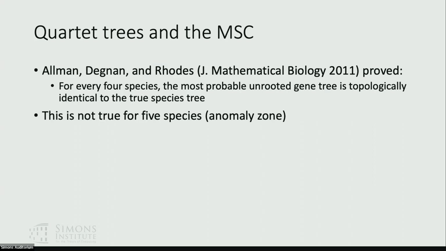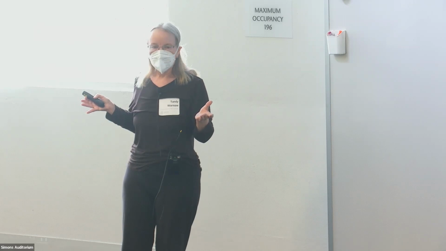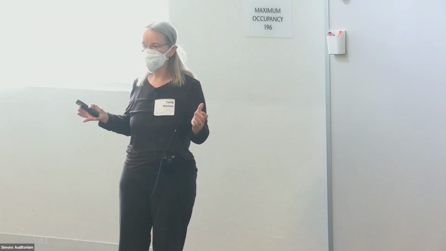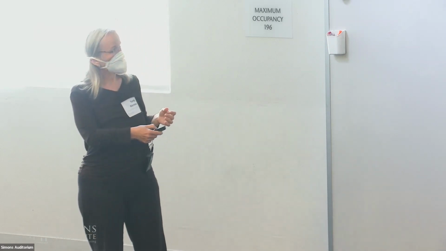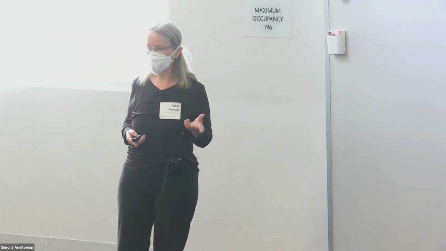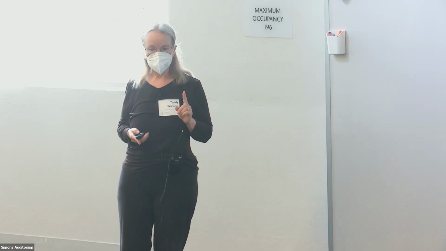Just look at all the gene trees you have on those 4 species. Whichever one appears the most often, these are unrooted gene trees, whichever one appears most often, that's it. So that gives you an estimation method for 4 species. But to do more than 4 species, you're just combining estimates on quartet trees. They also proved, perhaps in another paper, that it's not true for 5 species because there's something called the anomaly zone, but it's okay for 4.